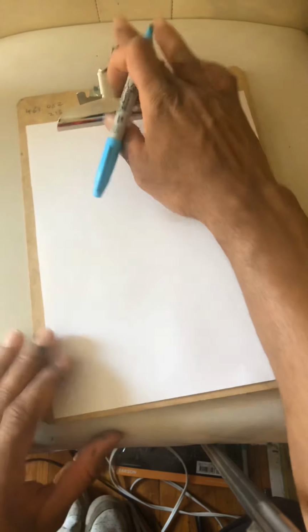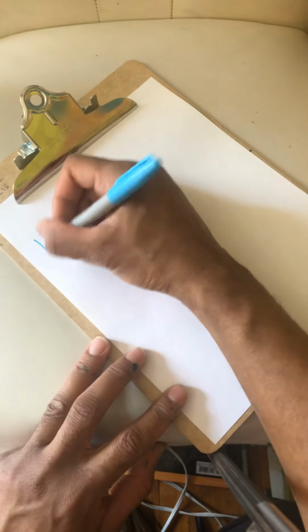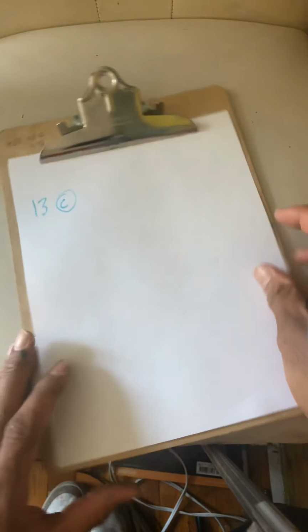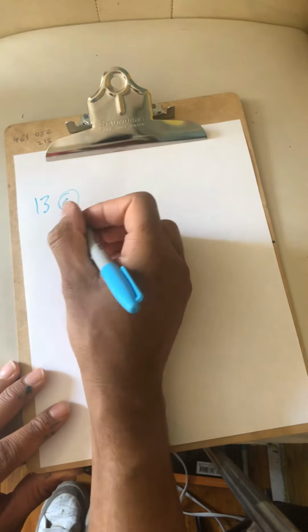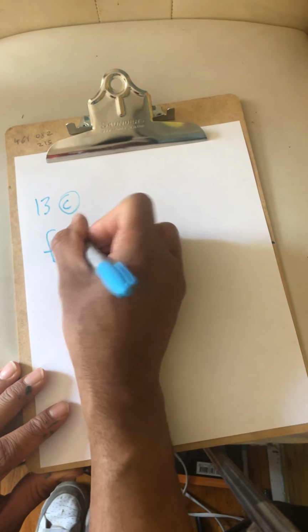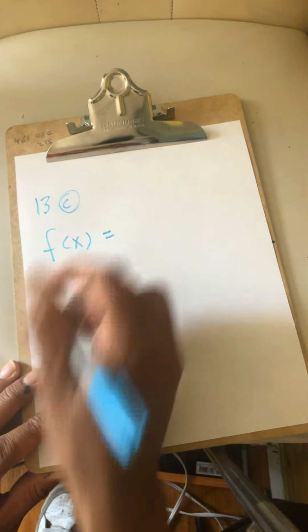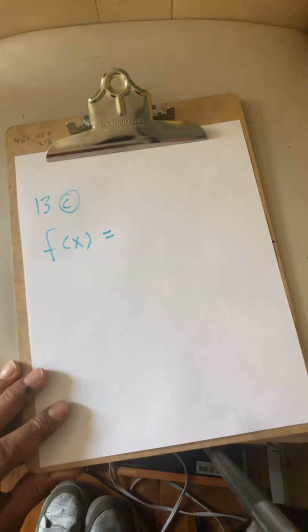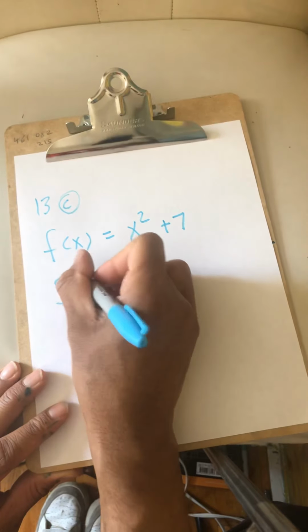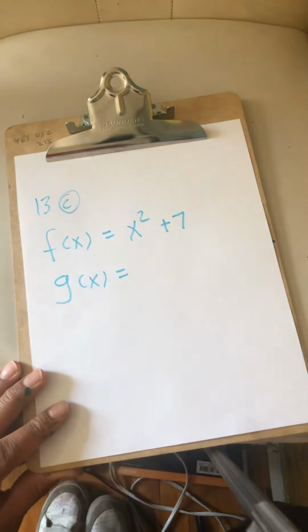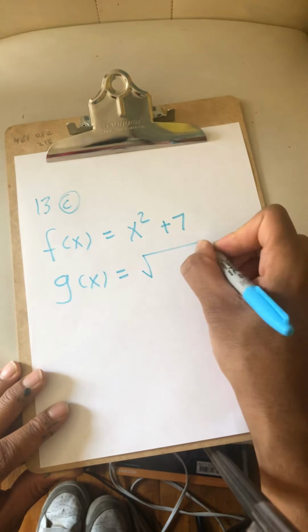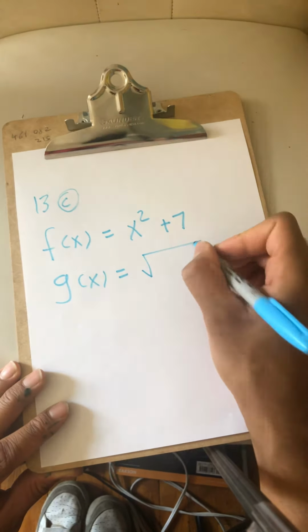All right. Okay. So let's look at 13c. So in 13c, you are looking at the functions. F of x is equal to x squared plus 7. You're looking at the other function, g of x is equal to the square root of x minus 7.